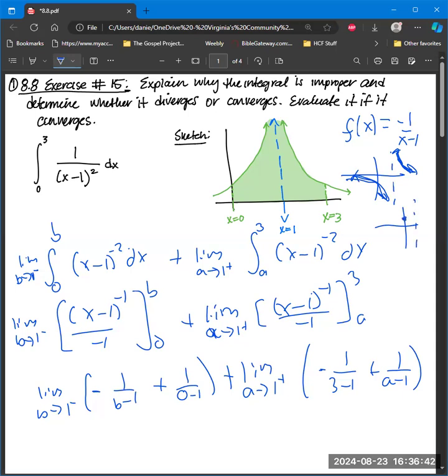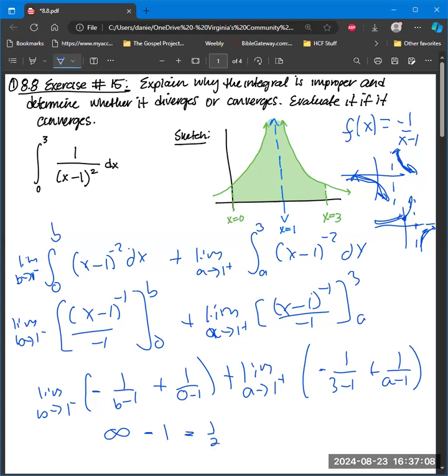So this is going to do this, and as I get close to 1 from the left, I'm going to positive infinity, minus 1. And then this is minus 1/2.